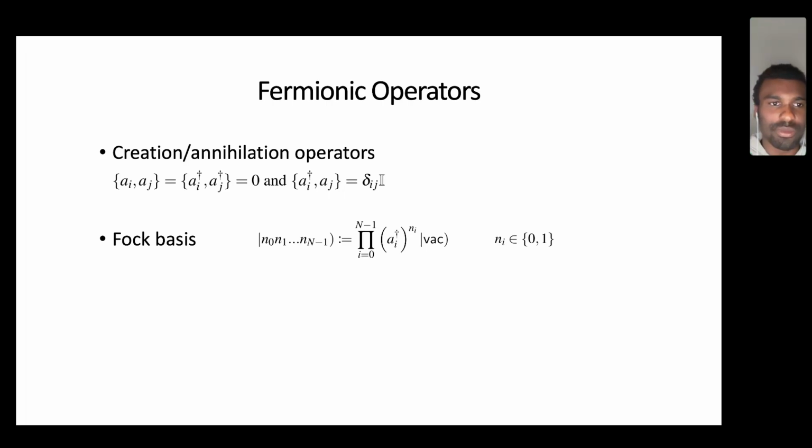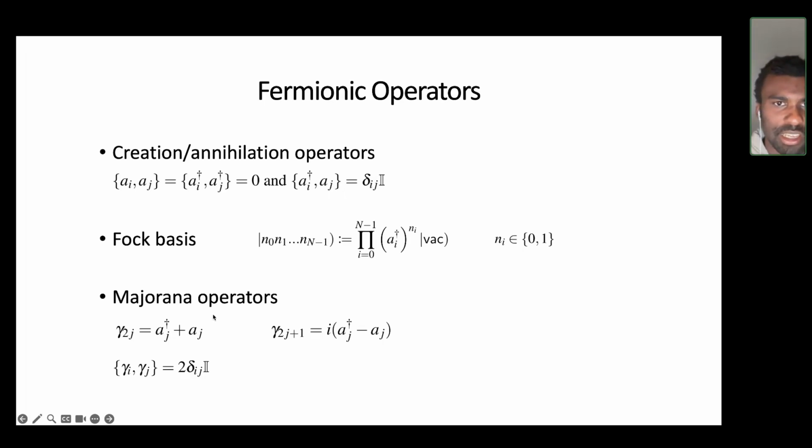And what the operator ai does is that if there is a 1 in the ith spot of this vector, it will turn into a 0 after an application of ai, an annihilation. There'll also be some phase factor involved, some -1 to some power. The reason we need that is because these fermionic operators are required to anti-commute with each other. So by adding a minus sign, which I'll show you in a moment, we're keeping these things in anti-commutation with each other.